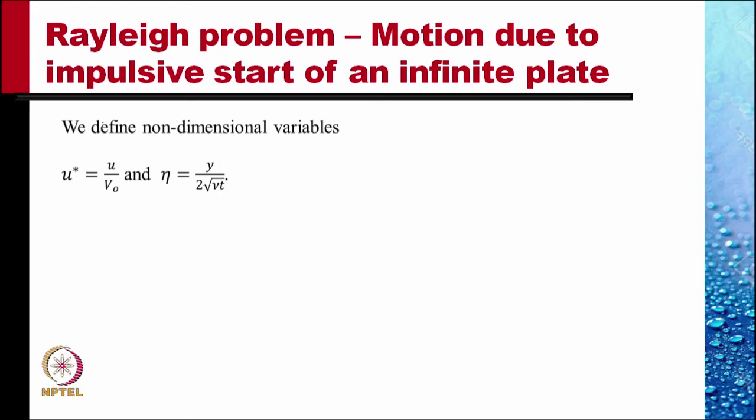We will explain this a little later, not now. For the moment, you take it as given. We define eta is equal to y divided by twice under root nu t, where nu is the kinematic viscosity of the fluid, which is the dynamic viscosity mu divided by rho, the density of the fluid. Nu is equal to mu divided by rho.